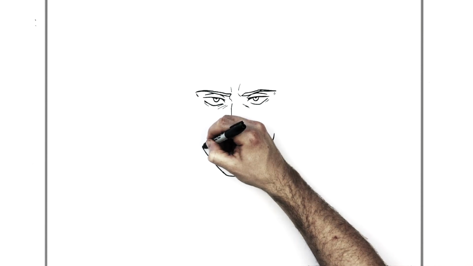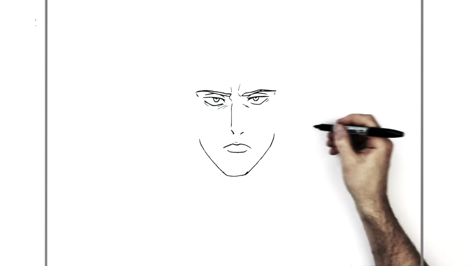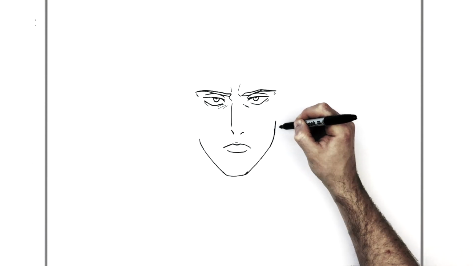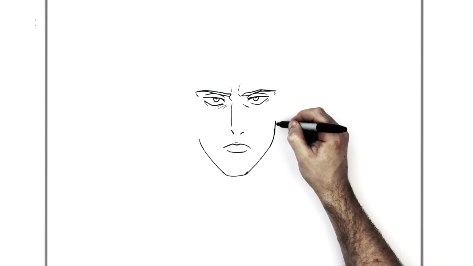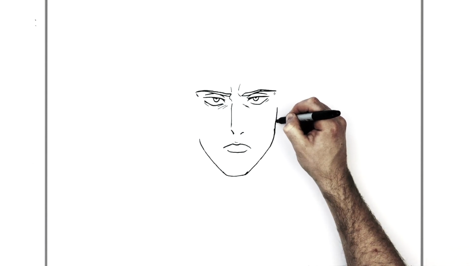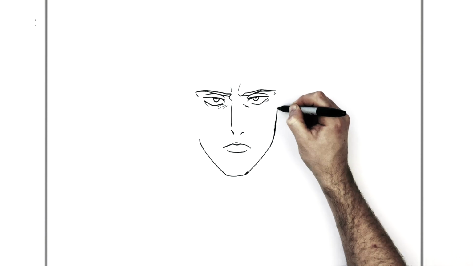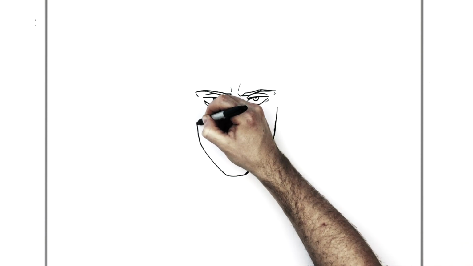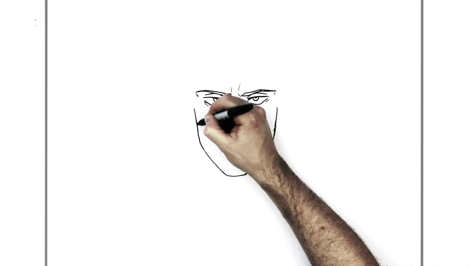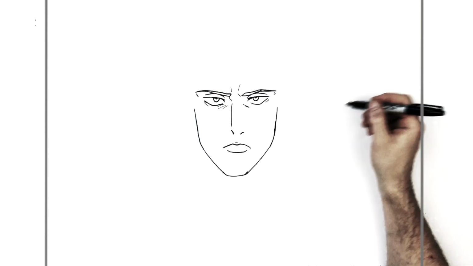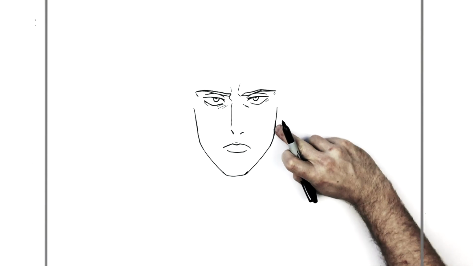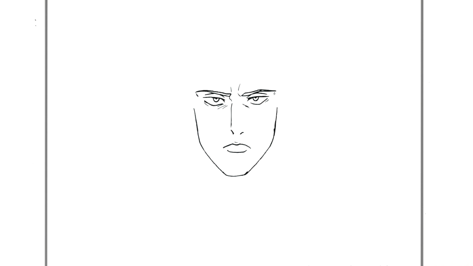You curve the side of the jaw, and then it goes, I was going to say it goes straight up, but I went a bit wobbly there. So it goes straight up the side, like so. I just fixed that line. Sorry.